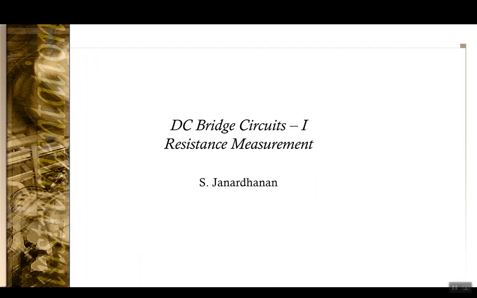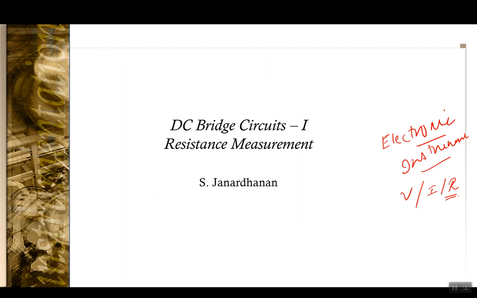Good morning. So, in the last few lectures, we had seen about electronic instrumentation, and we had seen how to measure voltage, current, and resistance through different devices.